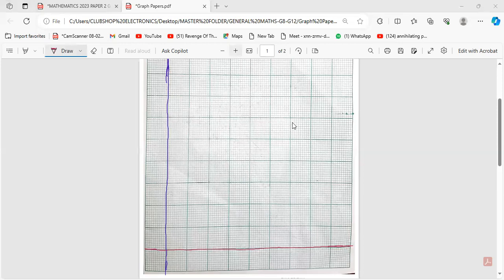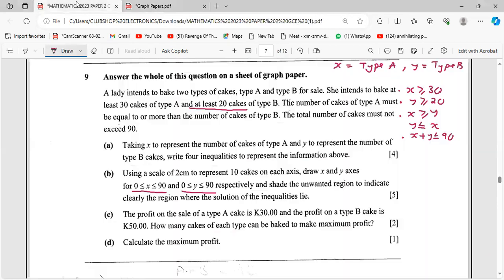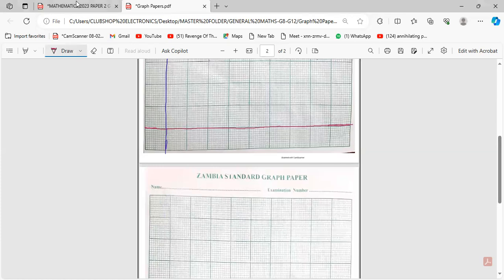The scale is 2 centimeters to 10, and we have to go from 0 to 90.